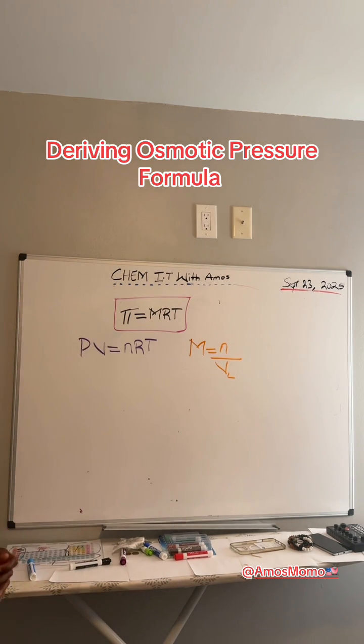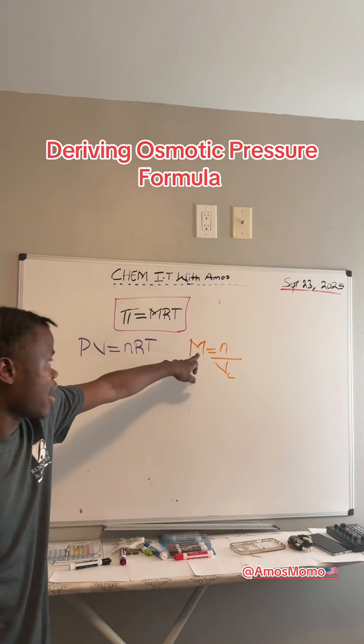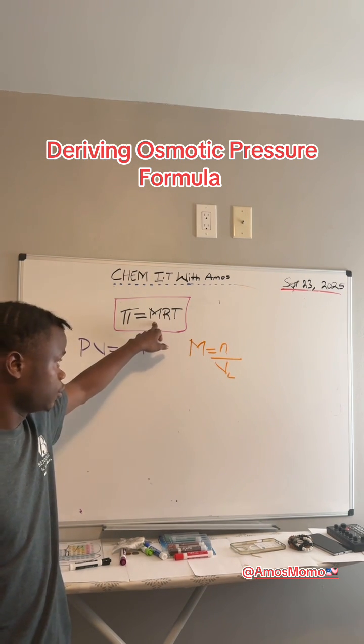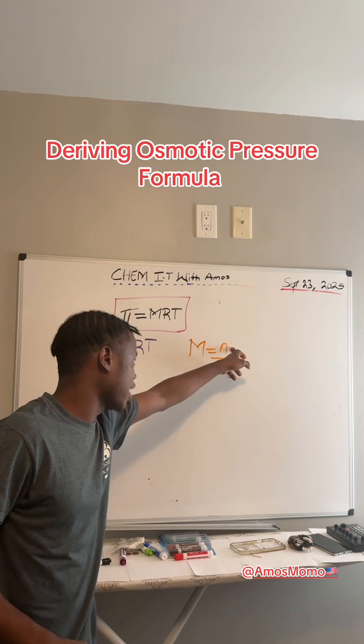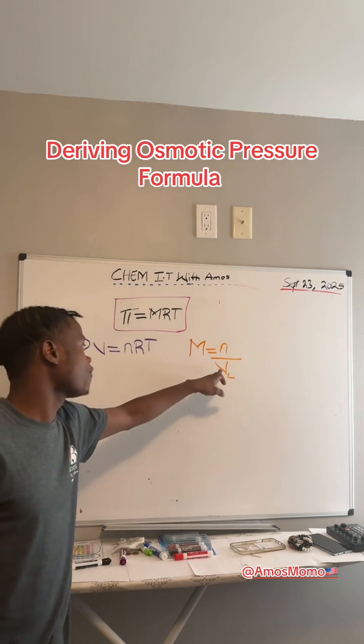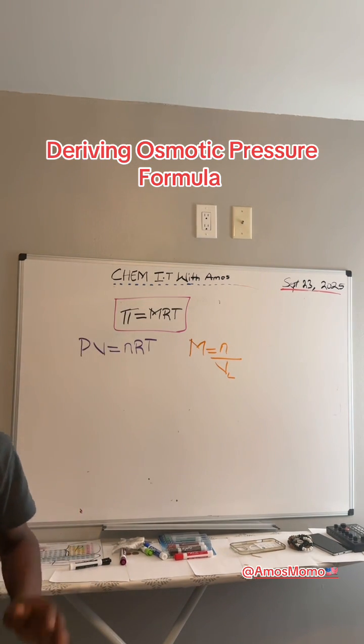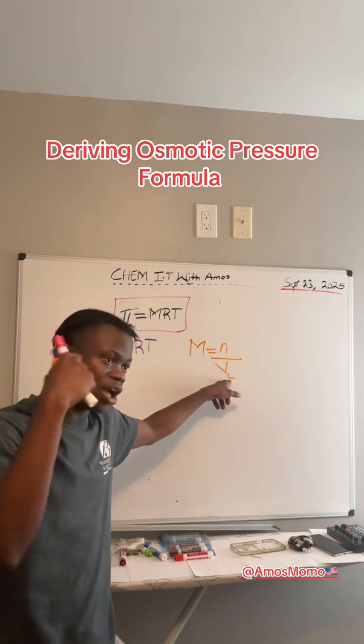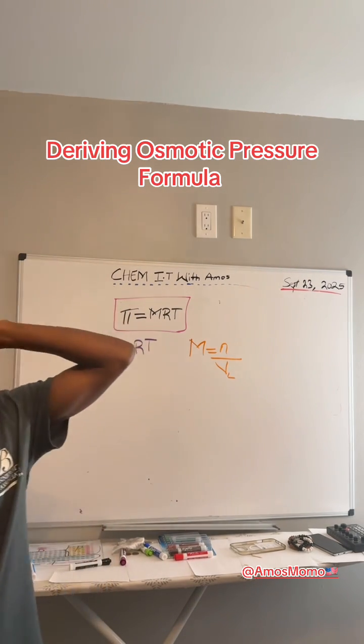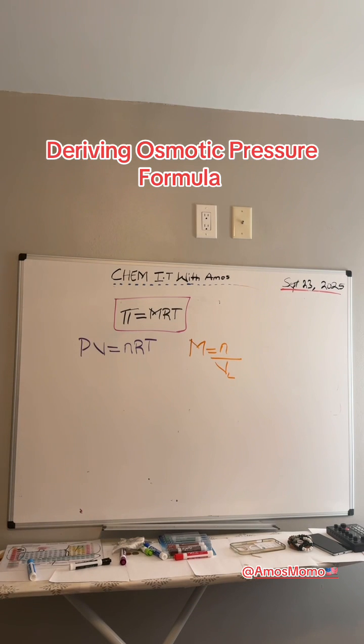If you look here keenly, you have small n here and small n here, you have volume here and volume here. This is just telling you that the volume is in liter.